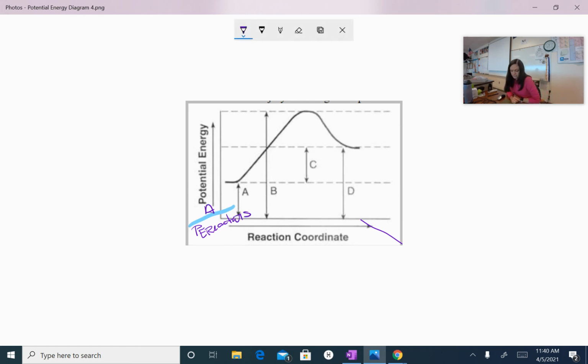Okay, that's A. B, what do you think B is? Yeah, that's the activated complex energy. So this is our activated complex energy.